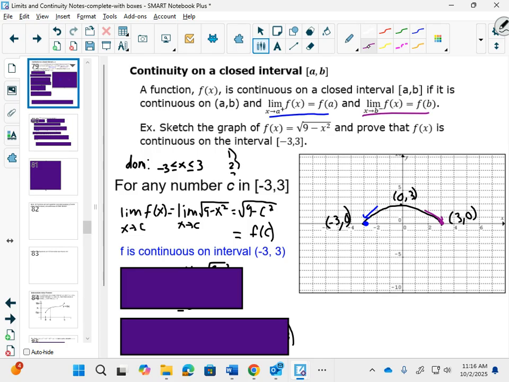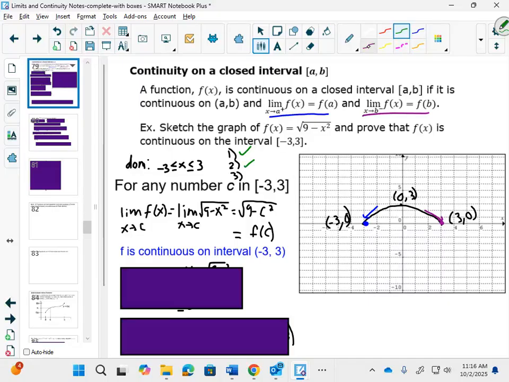For continuity, we had 3 things that have to happen. We pick the number c. If c is somewhere in here, can you plug it in? Does it exist? Yes, that was number 1. Can you do the limit as x gets close to c? Yes.